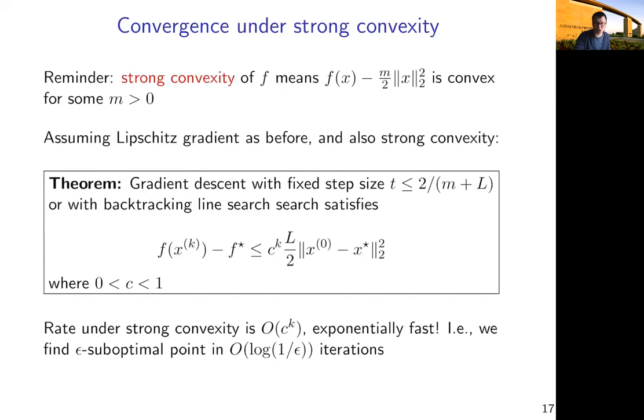Then notice the duality, the analogy between strong smoothness and strong convexity, right? So we say something is m strongly convex, and sometimes we say that a function is L strongly smooth. So if in addition we assume that the function is m strongly convex, and again assume the L strongly smooth condition from before, then we can show a much faster convergence to the optimal solution.